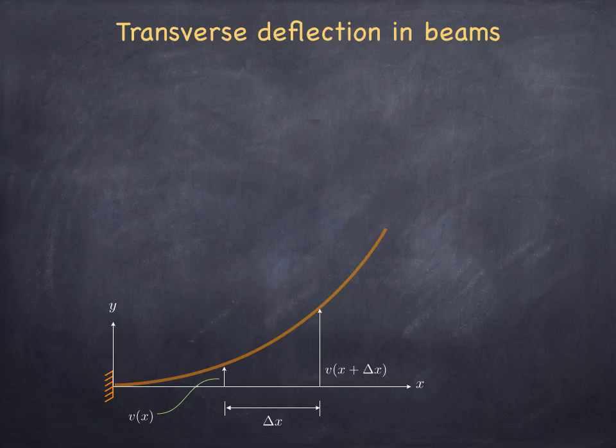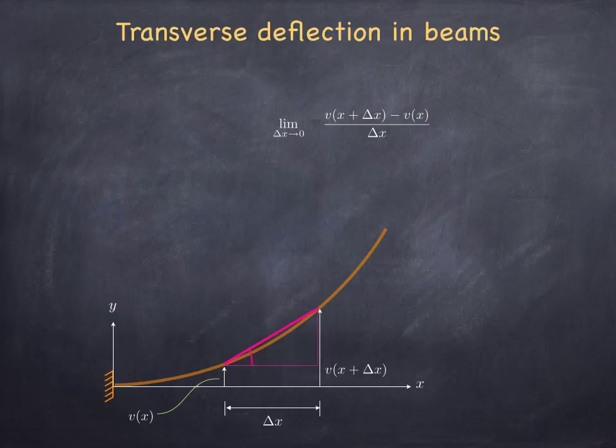So I'm going to connect the 2 points with each other with a secant chord, this thick pink line, and I'm going to try and measure the angle that connects the 2 line segments in the limit as I shrink delta x towards the x position.